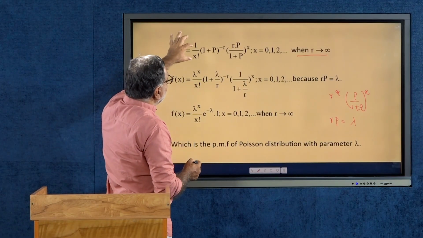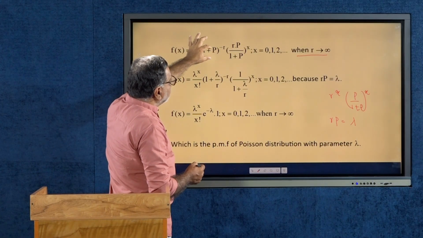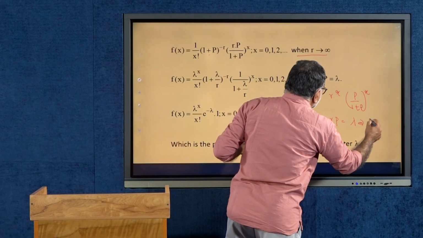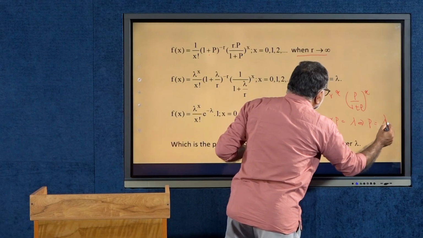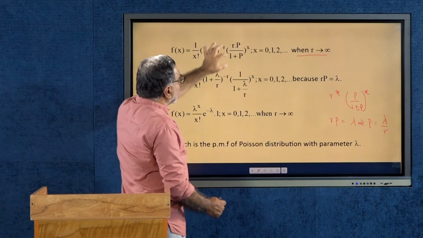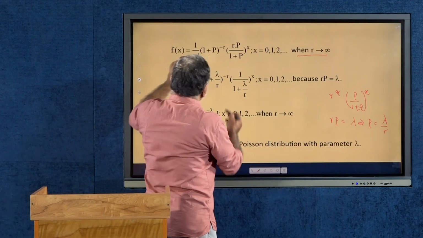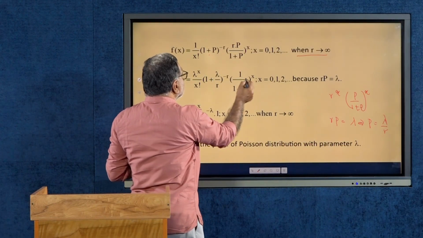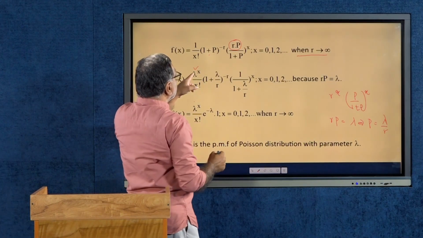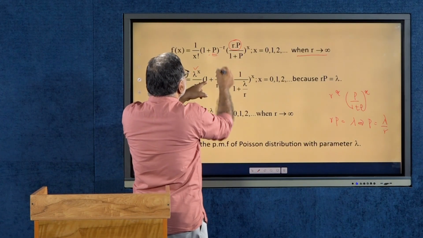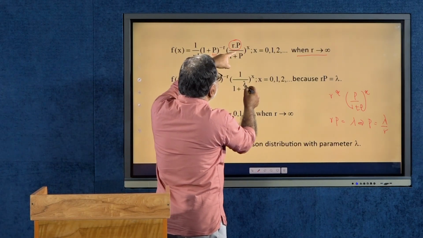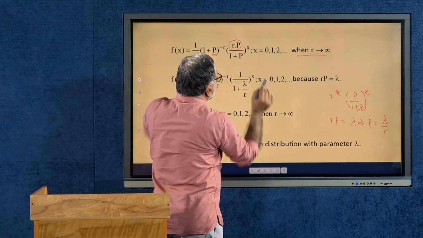So, we have 1 divided by x factorial, 1 plus this p, which is actually lambda divided by r. So, 1 plus lambda divided by r power minus r, and rp is lambda, so lambda power x here, and this is 1 plus lambda divided by r power minus r, and this is 1 divided by 1 plus p, which is lambda divided by r, power x.